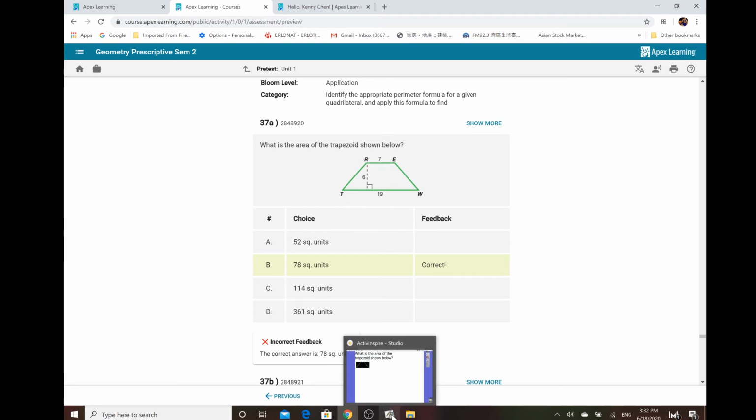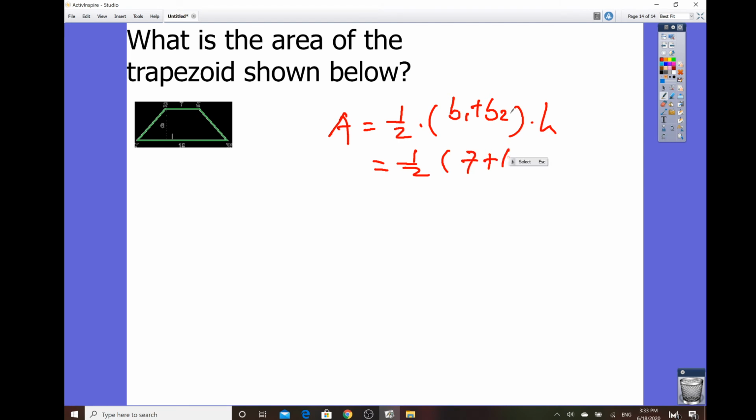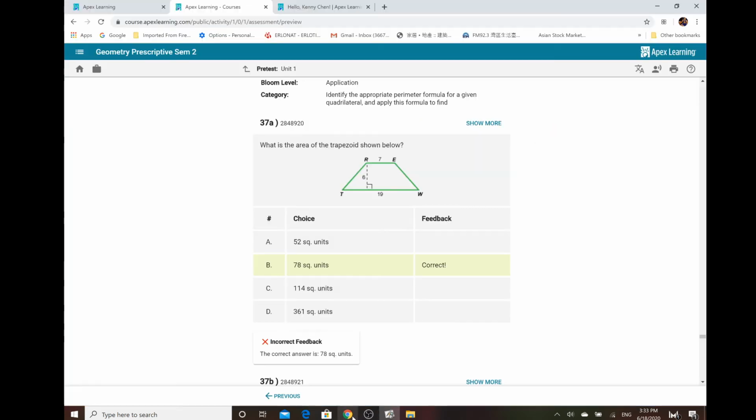The way to find the area of a trapezoid is 1/2 times the quantity of B1 plus B2, where B1 is the upper base and B2 is the lower base, and then times the height. So it's 1/2, B1 is 7, B2 is, what is that, 16?